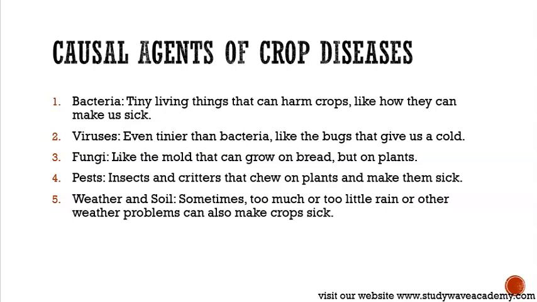Bacteria, tiny living things that can harm crops, like how they can make us sick. Bacteria are tiny single-celled organisms that can harm crops by infecting them with diseases. They are like the germs that make us sick. Do we understand that?